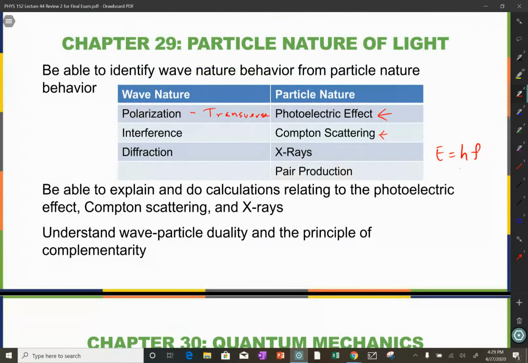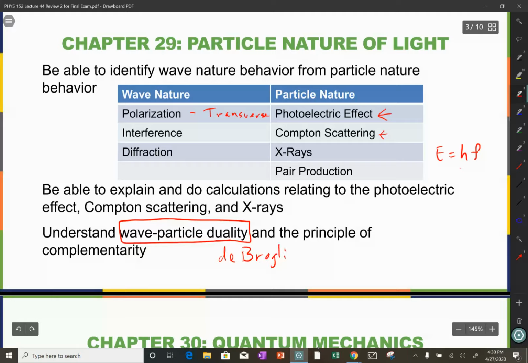So based on this, we have a duality, a wave-particle duality, where we say that light is both a wave and a particle, and depending on what you're looking at, you use one or the other to describe it. And then we have de Broglie, who said if light can do it, so should other things. So something like an electron has a wavelength of Planck's constant divided by its momentum.